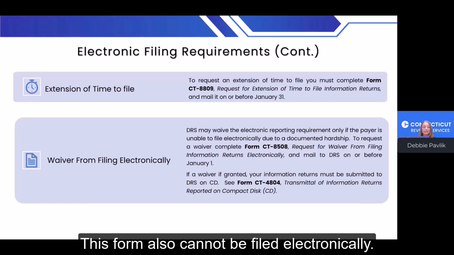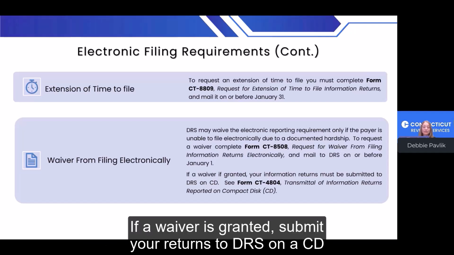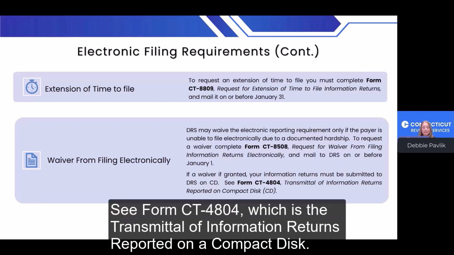This form also cannot be filed electronically. If a waiver is granted, submit your returns to DRS on a CD. See Form CT 4804, which is the transmittal of information returns reported on a compact disc.